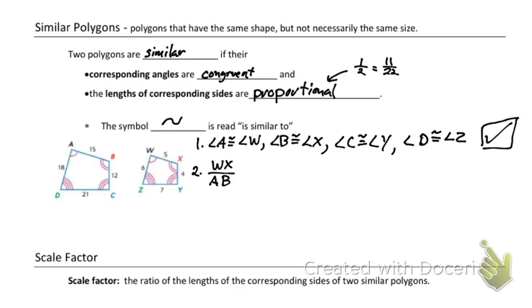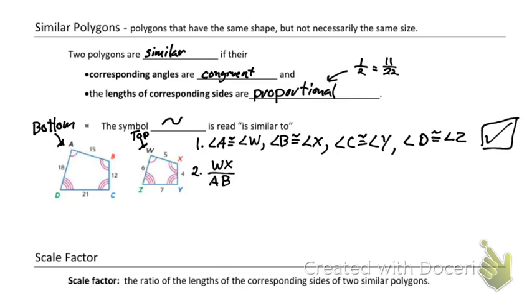So as soon as I pick this WX to be on top, I am going to call this my top. And I'm going to call the other one the bottom. Anything I pull from here has to be on the top of the fraction. Anything I pull from here has to be on the bottom of the fraction. So it's important for you to recognize which is your top and which is your bottom. The easiest way is just label it top and bottom and just keep looking at it when you're doing the problem. All right, so we have WX over AB.